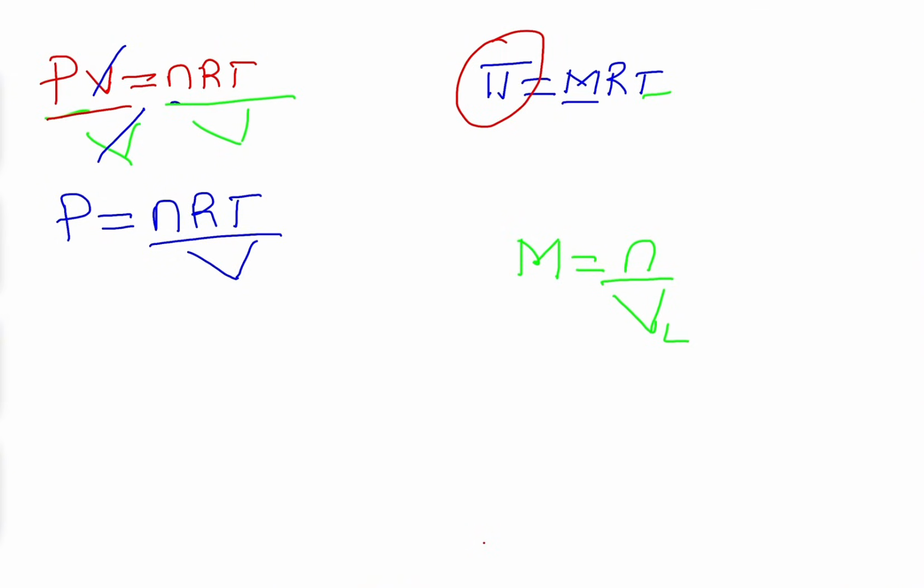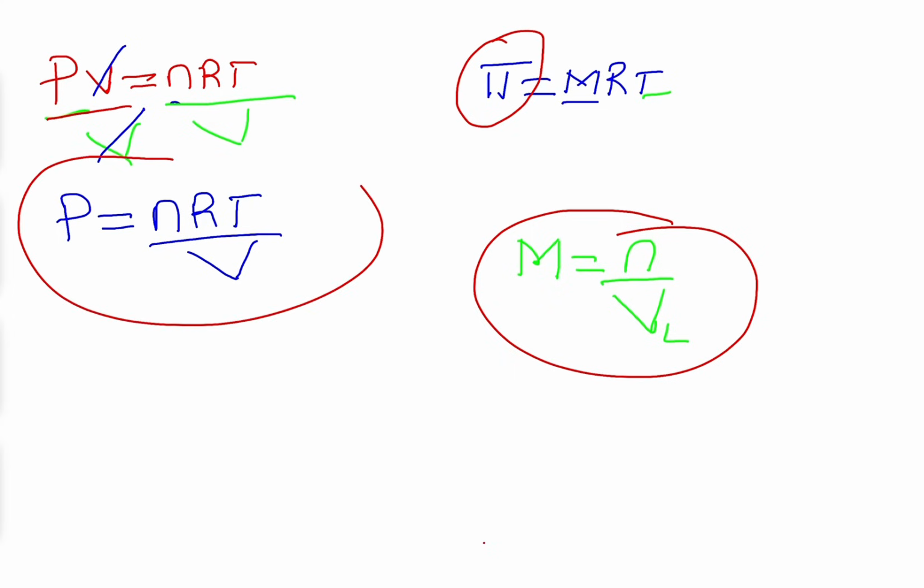So now that we have this, if you look right here, in this particular area, you will notice that we have mole up here and we have volume right down here. So we can replace them with molarity, because molarity is moles divided by volume, and we have moles right up here and we have the volume right down here.